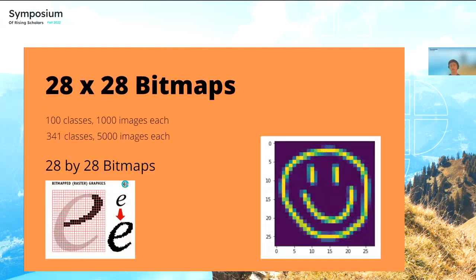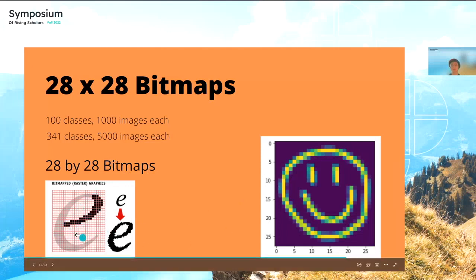And so I took 100 classes for 1,000 images each in my initial test of this, and it uses 28 by 28 bitmaps, which are just each pixel corresponds to a pixel value, and it looks like this. Or actually, this right side image is directly from the data set.